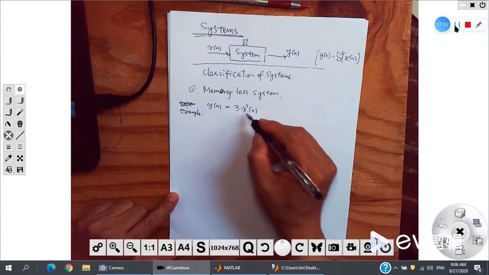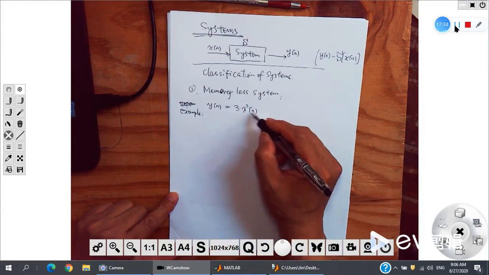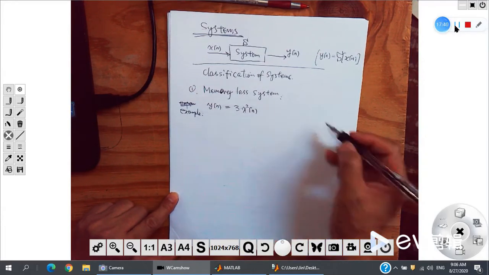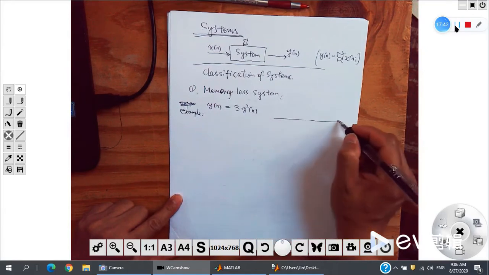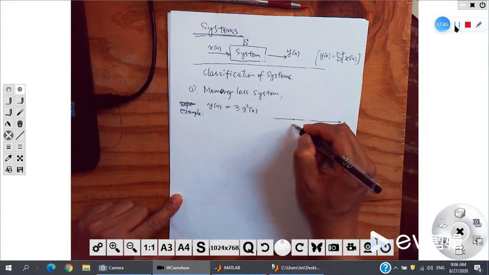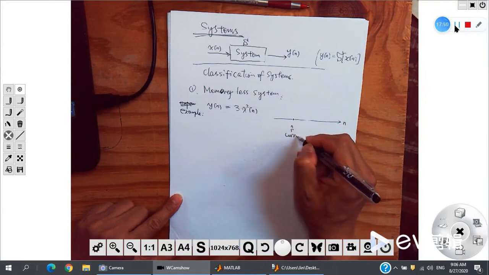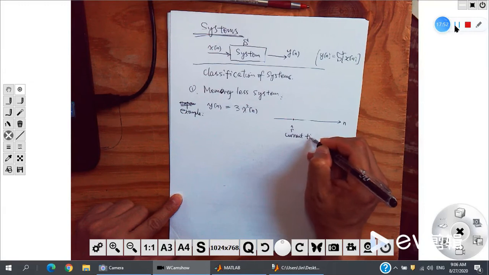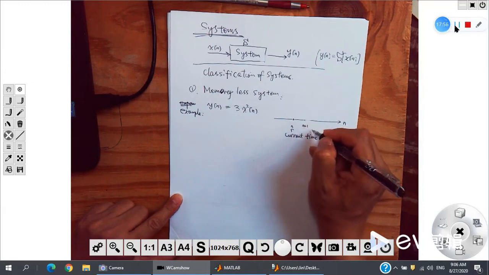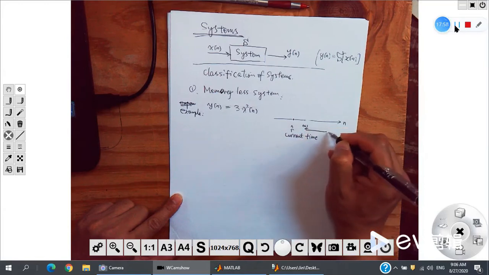When you know the value of x at time n, then you can have the output of y at time n. So if this is n, the current time, then n plus 1 will be a future time, right?